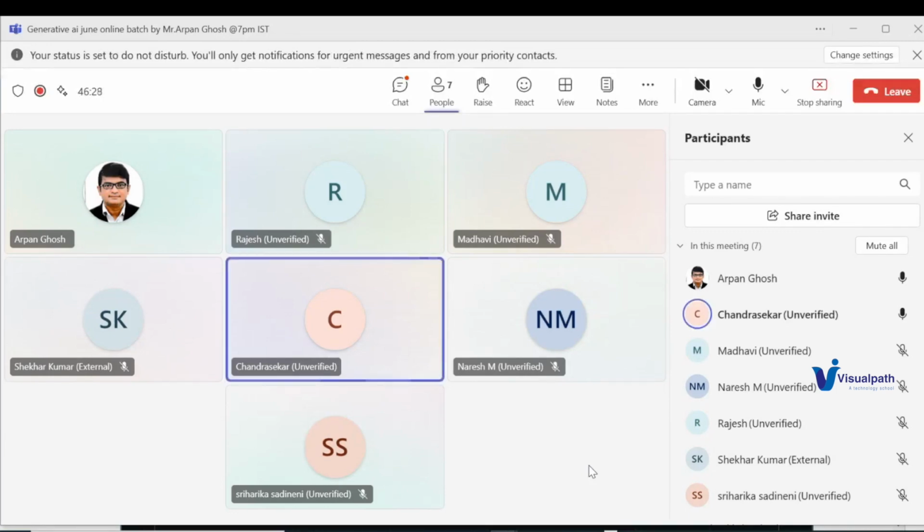Is it 512 by 512, Arpan? One into 512, right? So one word gets represented using 512 dimensions, as per what they did in the transformer research paper.